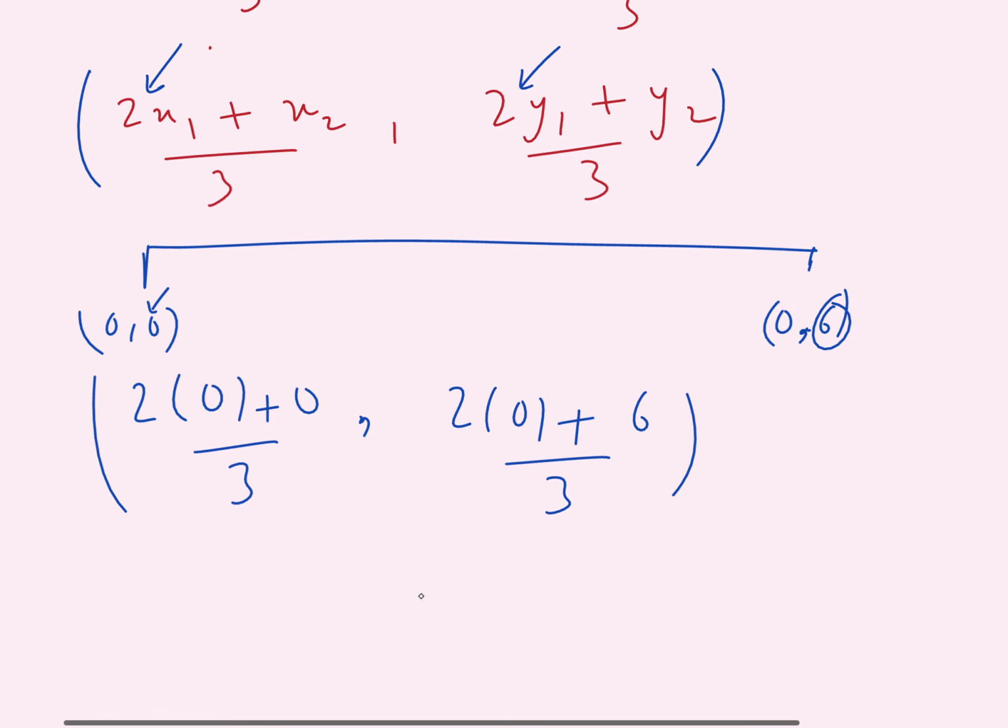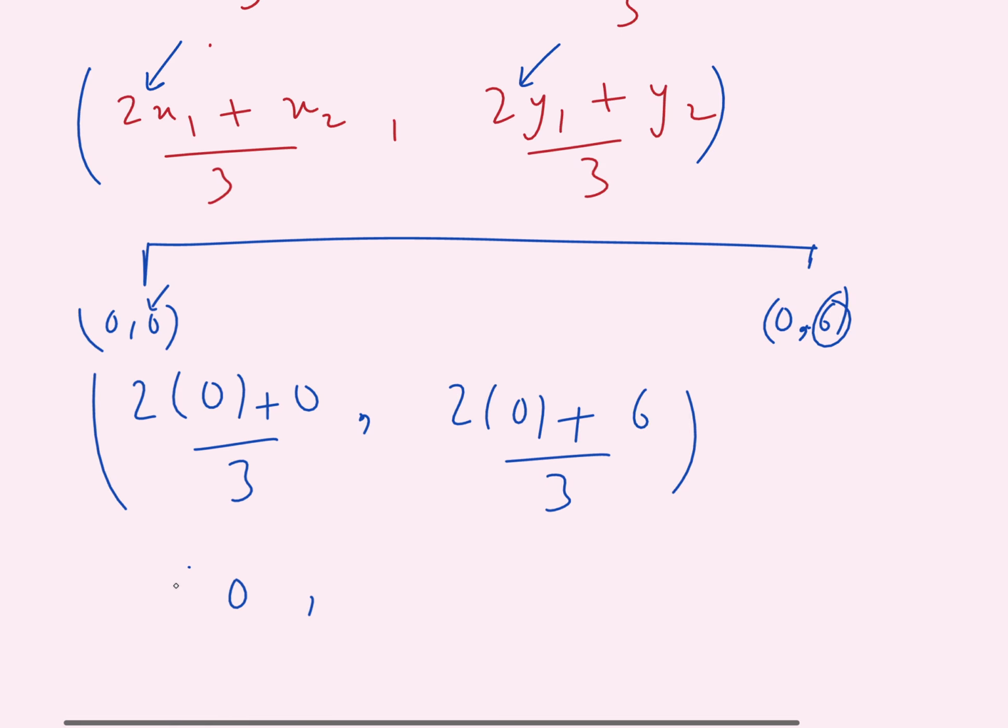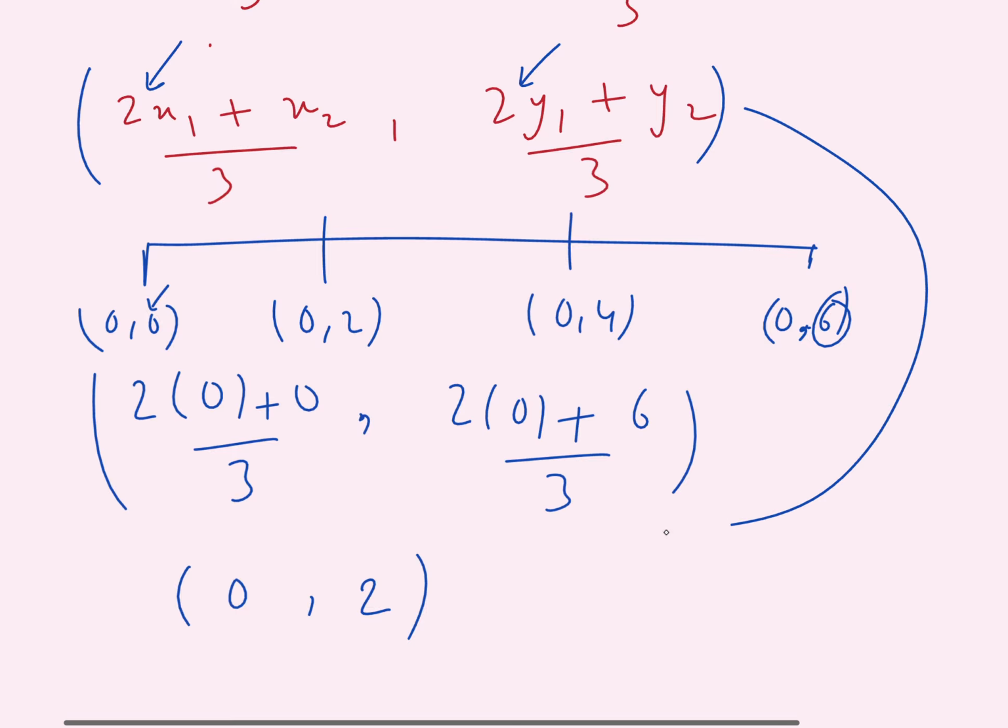That will give me 0 for the first term, since 2 times 0 is 0, and 6 over 3, which is 2, for the second one. And you can see if I divide this into 3 equal parts, I'll get 0 and 2 here, 0 and 4 here, right? So the formula does indeed work.